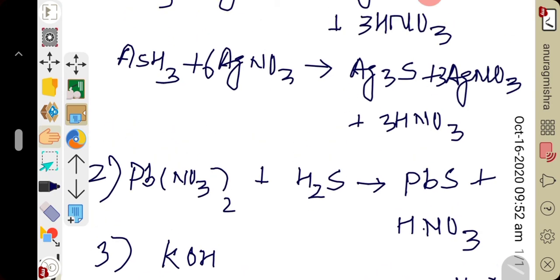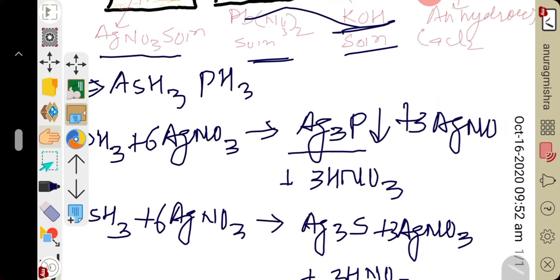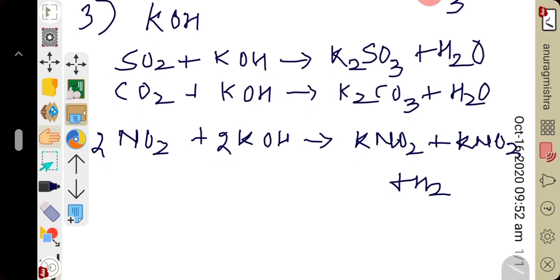In the third step, as we can see in the diagram, the third conical flask contains potassium hydroxide solution, and this solution is used to remove the impurity of carbon dioxide, sulfur dioxide and nitrogen dioxide. We passed hydrogen gas containing the impurity of CO2, SO2 and NO2 through the potassium hydroxide solution. Potassium hydroxide reacts with SO2 to form potassium sulfite and water.